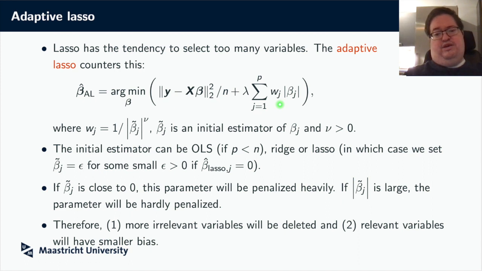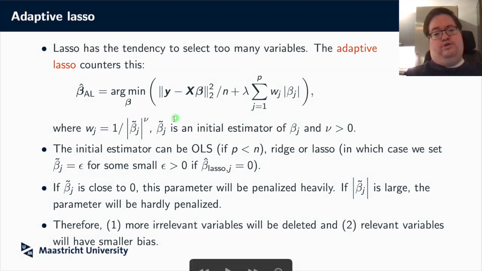The first step is an initial screening, giving an indication of which variables are relevant and which are not. Then with that information, we do the lasso in a second step, already having information about which are the most important variables and which have coefficients close to 0.